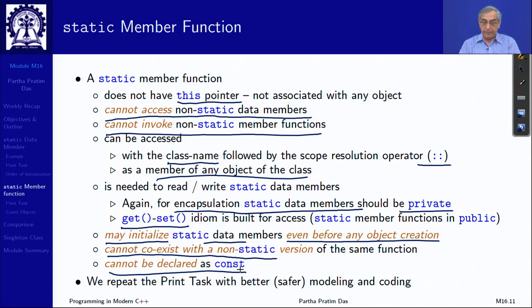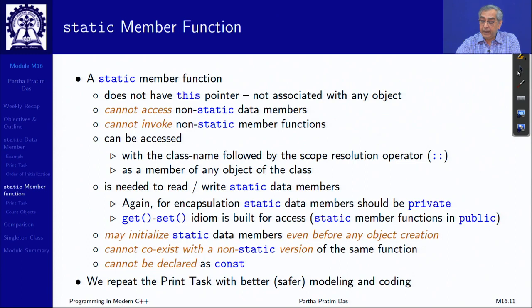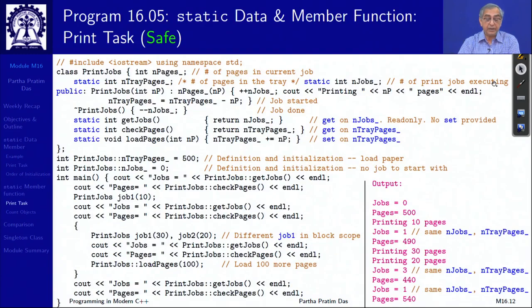It cannot be done. Now, with this improvement in the encapsulation and information hiding paradigm, let us take a relook at the print task, which remains the same, except that now I have made these private. I have put them before public.